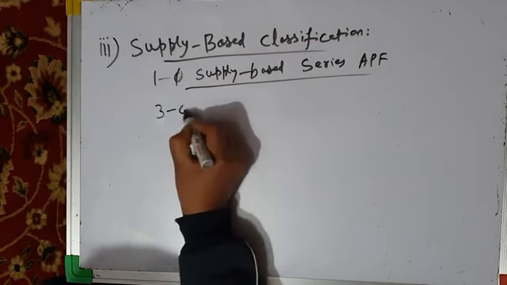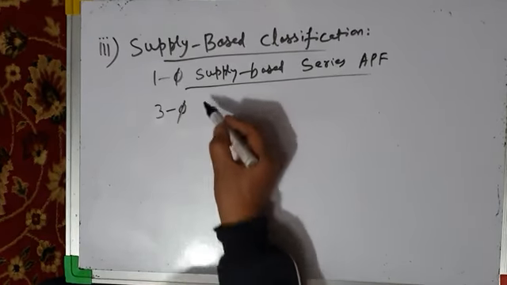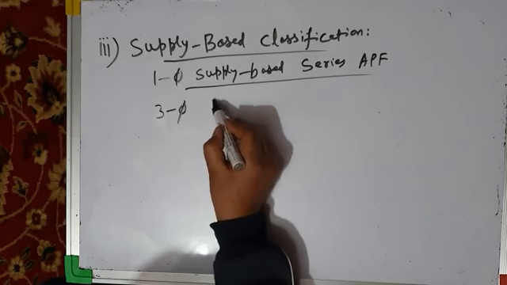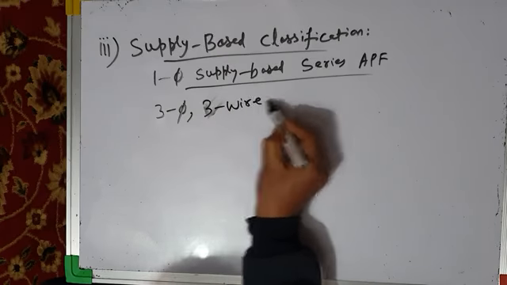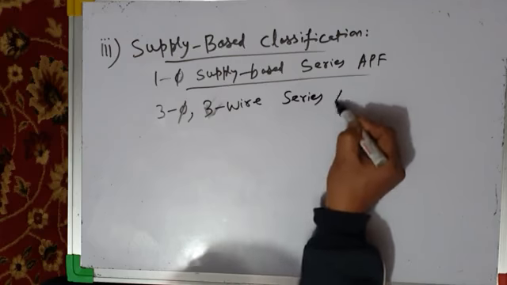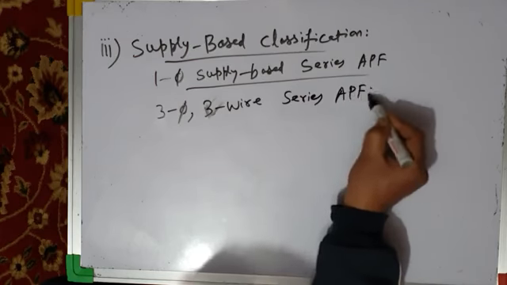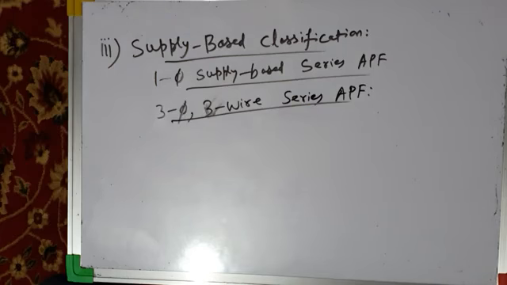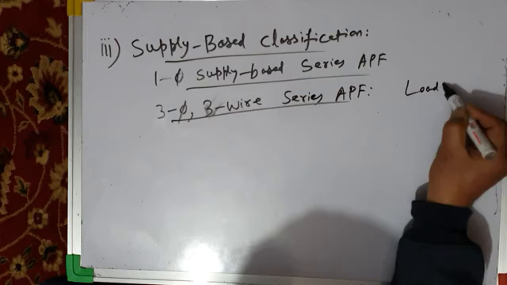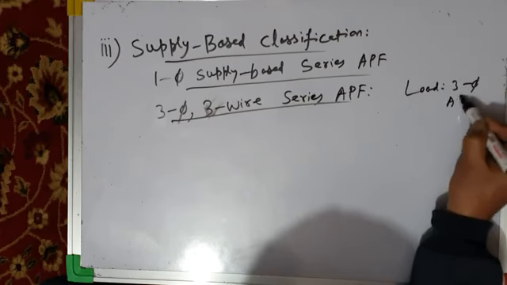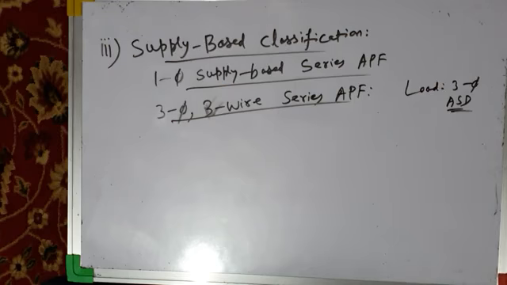Now I will show you the power circuit diagram of a three phase three wire series active power filter. It is used in those applications where your load is a three phase three wire load. For example, your load may be a three phase adjustable speed drive, which does not use a neutral connection. It is a three phase three wire non-linear load, of course.